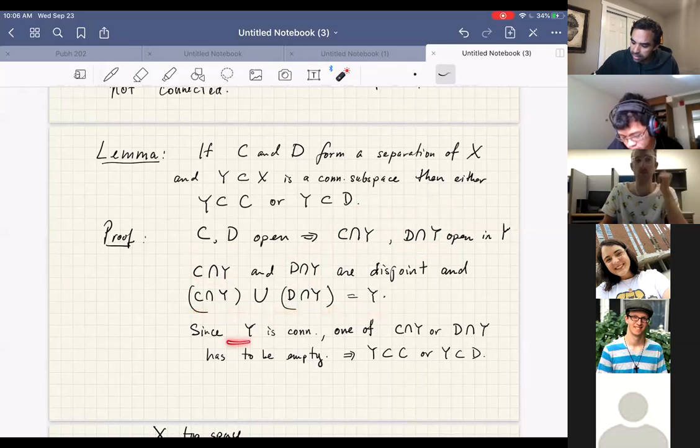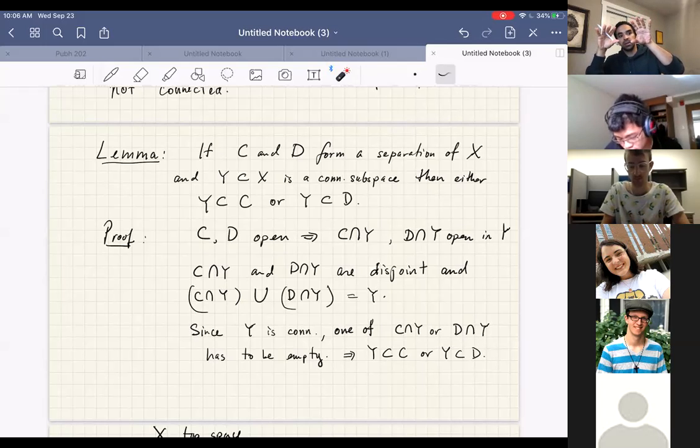So since Y is connected, one of these has to be empty, right? And that's equivalent to saying that Y is contained in C or Y is contained in D. It's intuitively clear, right? If you have a separation of your space X, then any connected subspace Y has to be contained in one of these pieces of your separation.